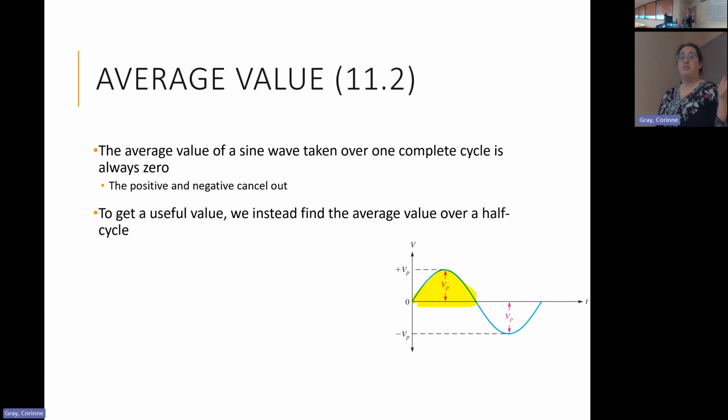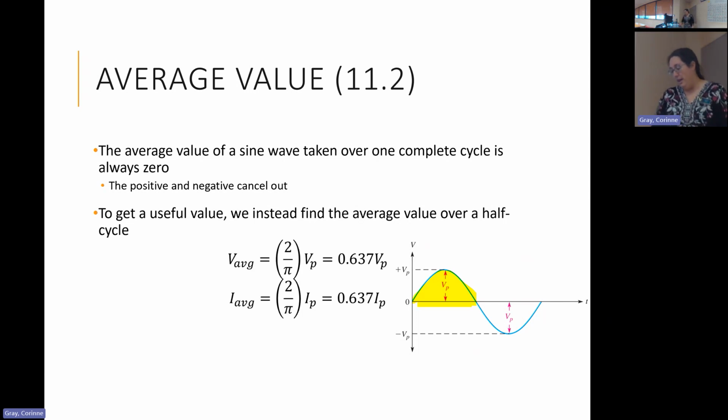So by averaging this part here, we would be able to use the average value for our source. And it turns out the equation looks something like this. It's 2 over pi VP, or IP, depending again on what type of source you have, or 0.637 times the peak value.